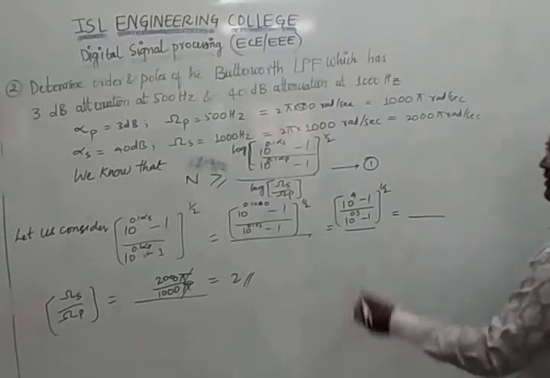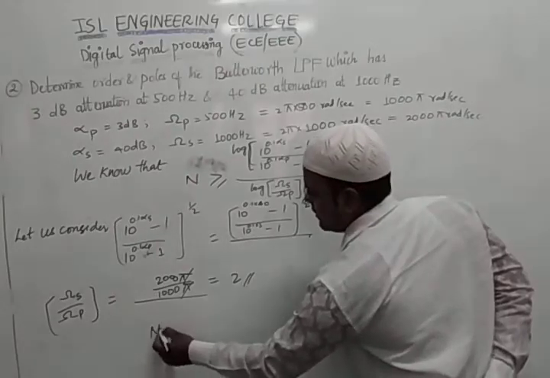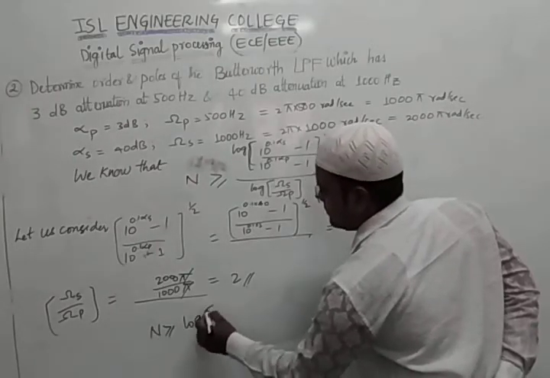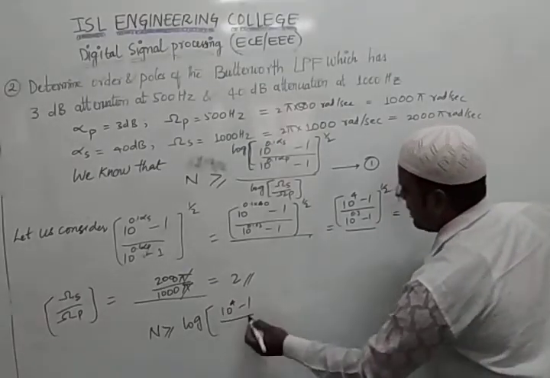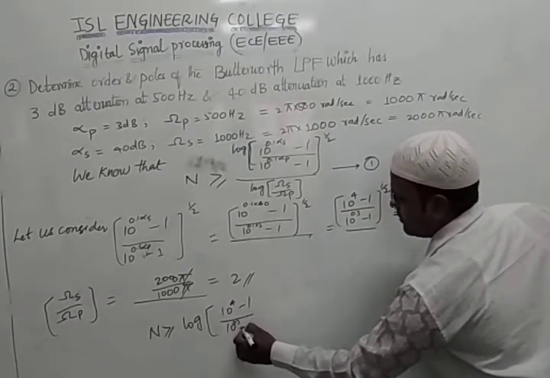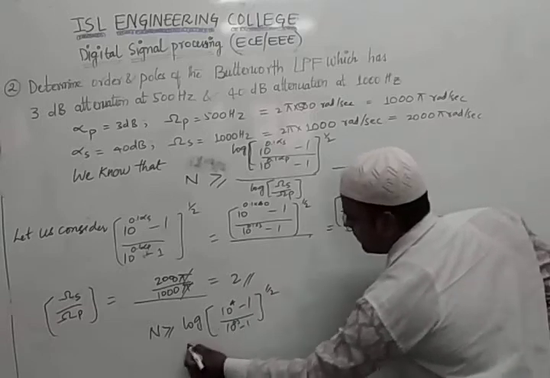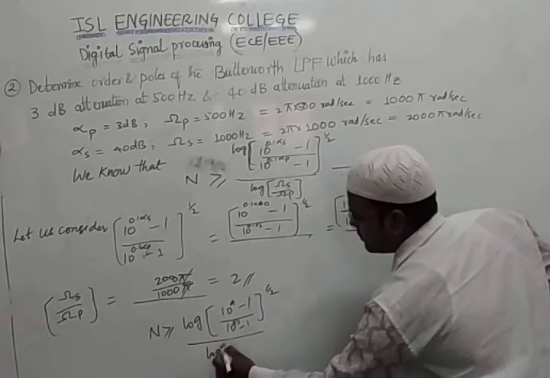If I divide these values, I'll get the order. N is greater than or equal to log of 10 power 4 minus 1 by 10 power 0.3 minus 1, whole power 1 by 2, divided by log 2.